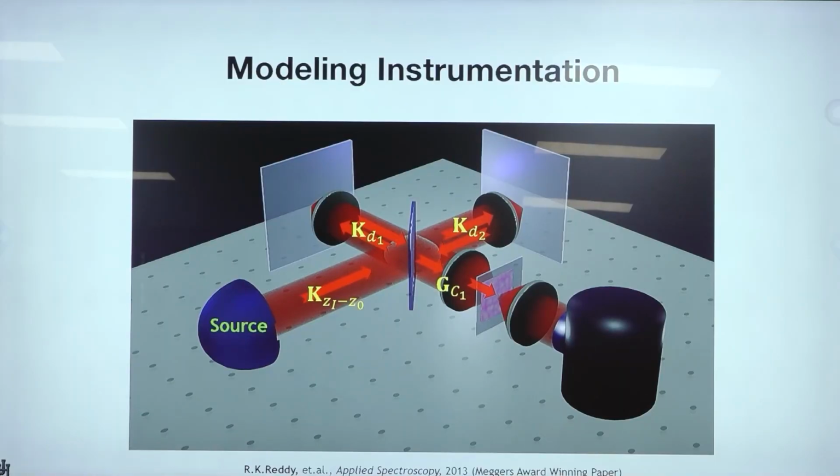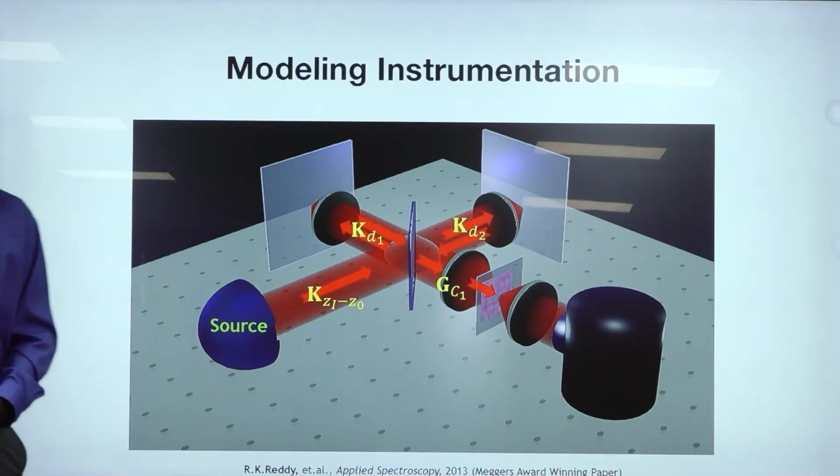So different colors can focus at different locations. That is called dispersion. That can be a good thing if it's a prism or a grating, but it can be a bad thing if it's a lens. You want all wavelengths to focus at the same location. So it might be hard to get a lens of that sort, especially in infrared, for example.